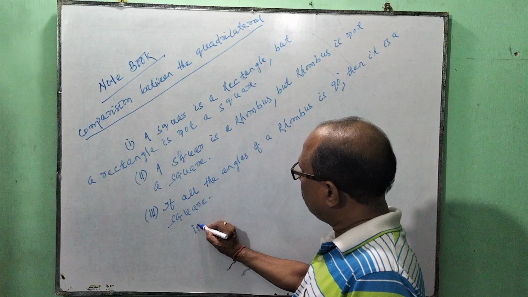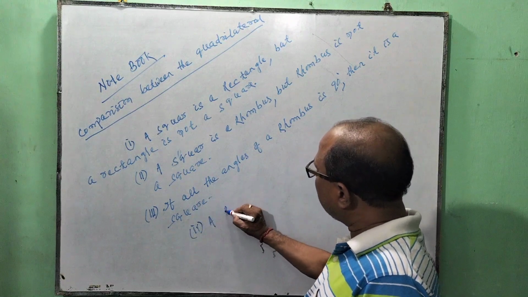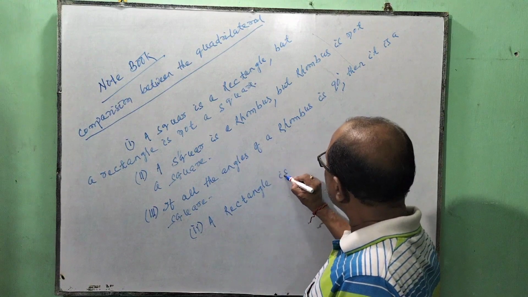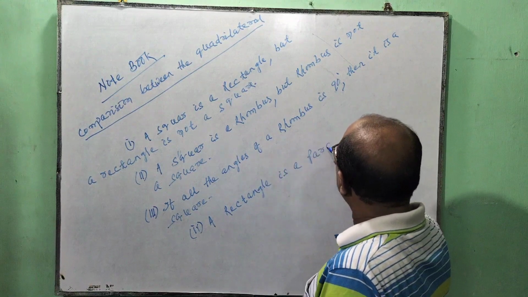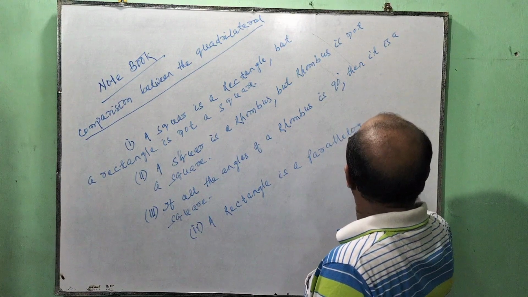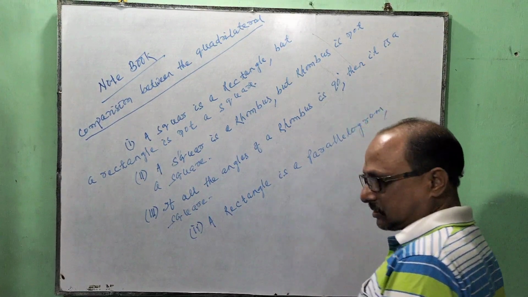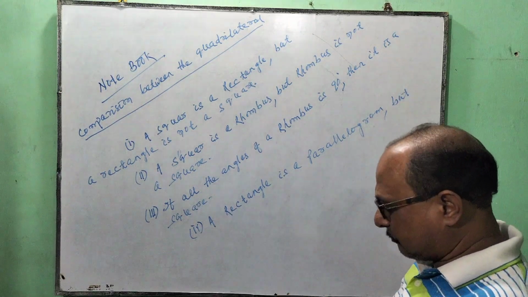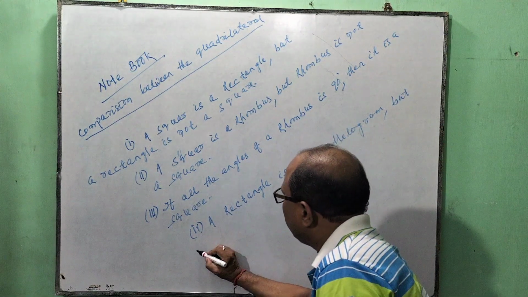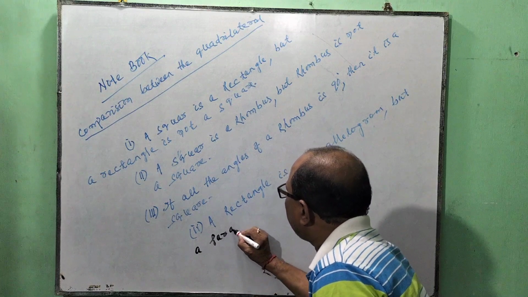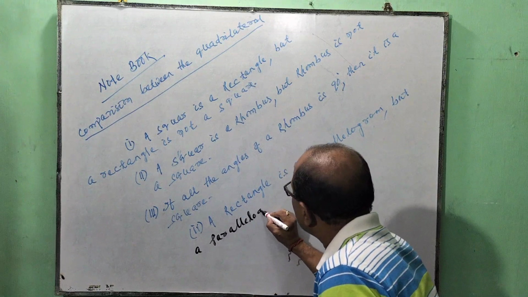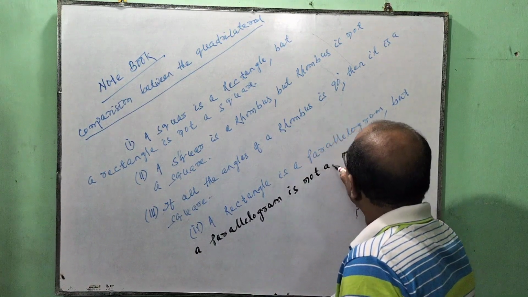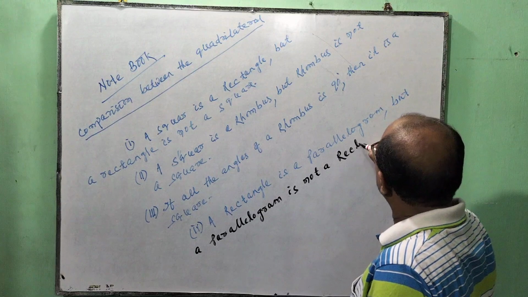Number four, a rectangle is a parallelogram, but a parallelogram is not a rectangle.